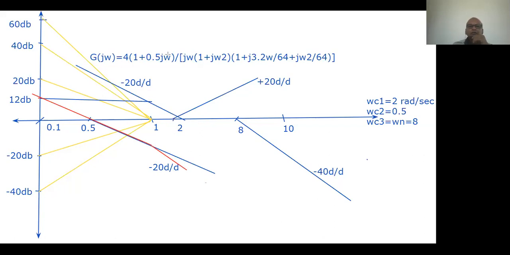Then at this corner frequency, what is the slope? The slope of this is minus 40 dB per decade.